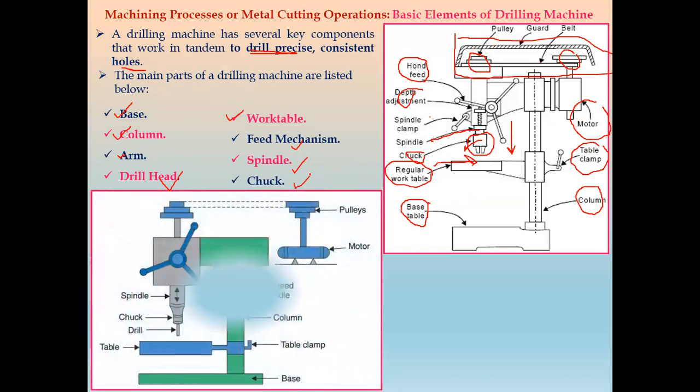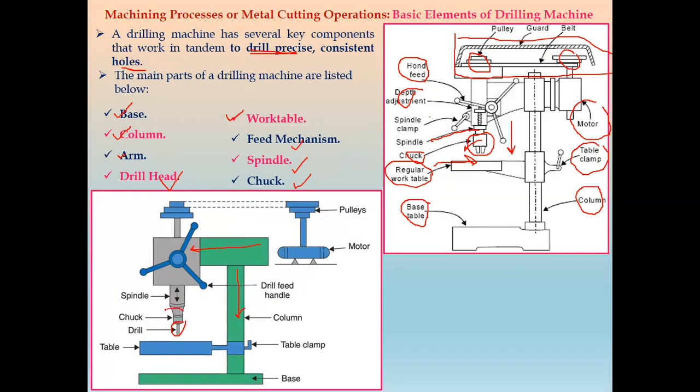Now all these parts are shown in this other diagram also. If you see, this is the base part, the bottom part. Then this part is the column. Then we have the arm. Then the drill head.